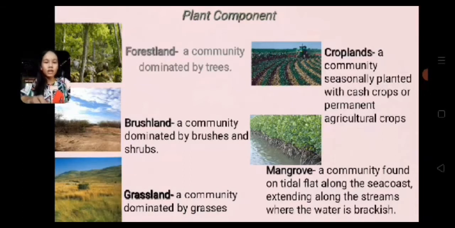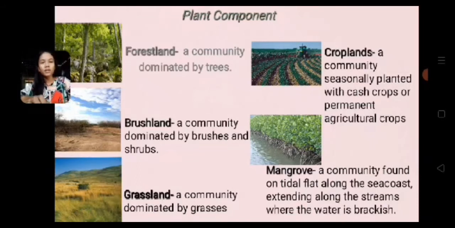When we say seasonally planted with cash crops, these are plants like coffee, cacao, tea, sugarcane, cotton, and spices. Those are examples of cash crops. Last is mangrove, a community found on a tidal flat along the seacoast, extending along the streams where the water is brackish.